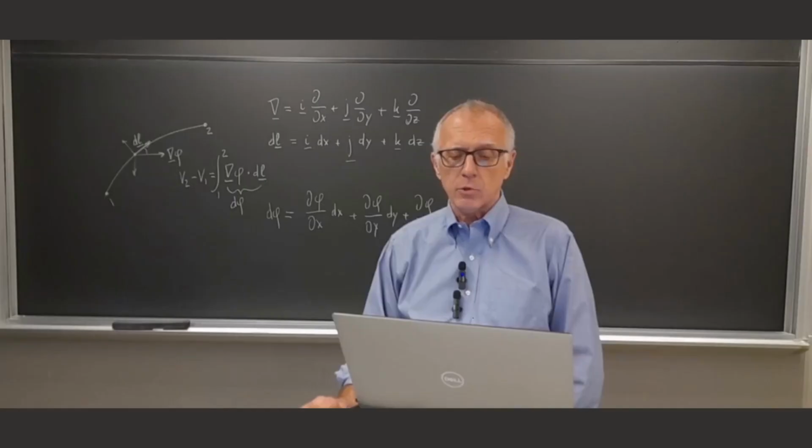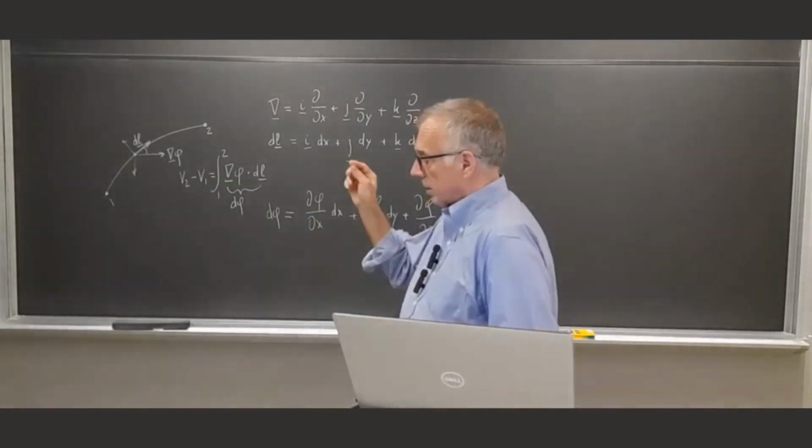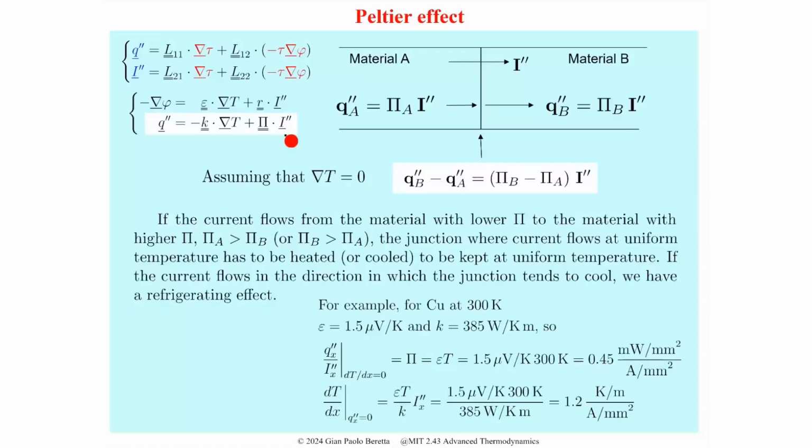That says that if you run an electric current through your wire with no heat flux, you have a buildup of temperature. We also call this the Thomson effect. But no, I think it's Peltier, okay. But how much temperature gradient does it build up?